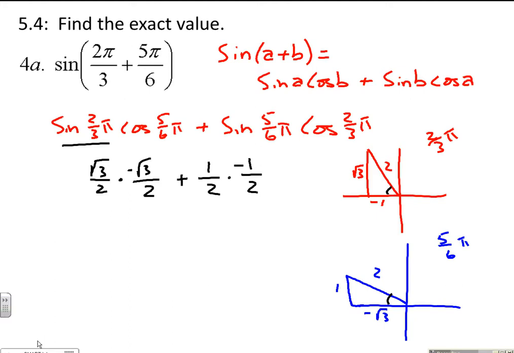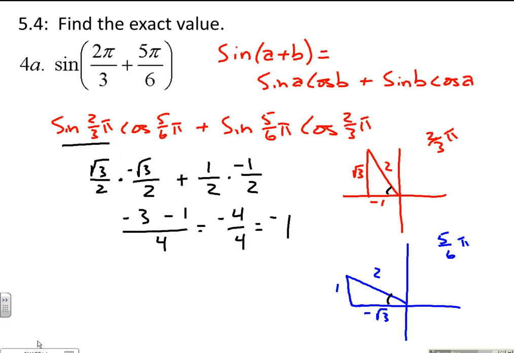So we end up here with root 3 times negative root 3. That's negative 3. 1 times negative 1, minus 1, all of those on 4. And I get negative 4 on 4, negative 1.